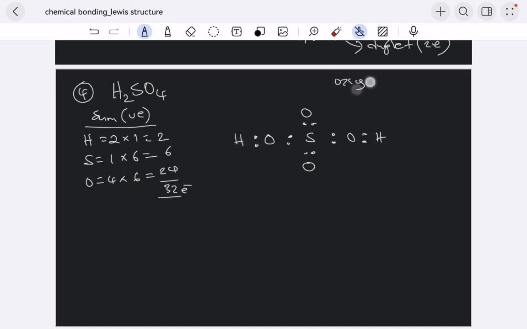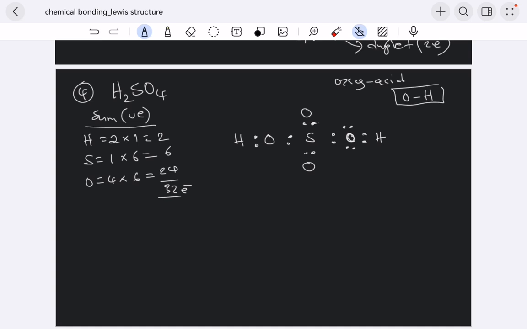Remember, in an oxyacid, hydrogen is always bonded to oxygen. So we count the number of electrons that we have distributed so far. So 2, 2, 4, 6, 8, 10, 12. So now we have to satisfy the octet. So for this to satisfy the octet, you're going to put 2 more.